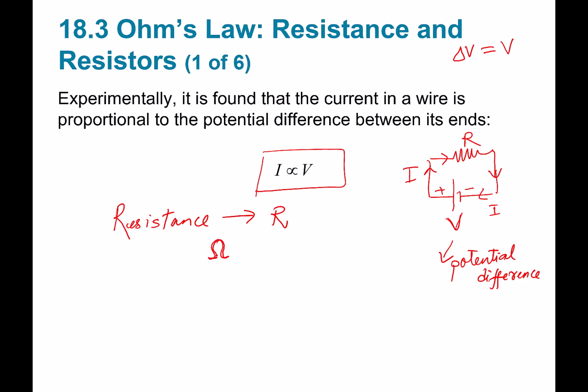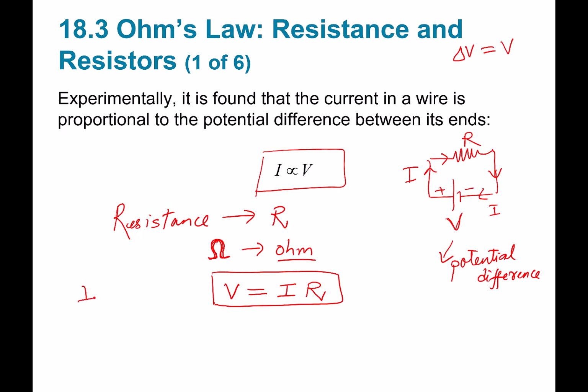The Greek symbol is like this, and we say it as ohm, just named after the scientist who worked on it. So once we remove the proportionality sign, we simply write V is equal to I times R. There's no mathematical work needed to get to this equation. It was based on experimental evidence.